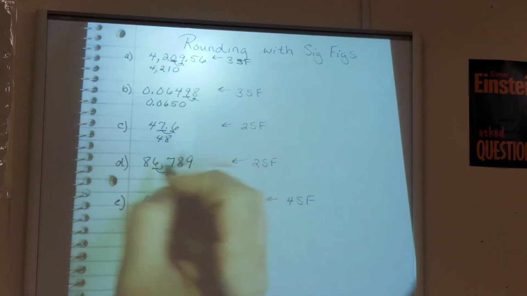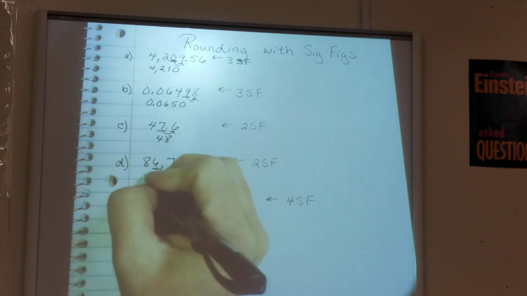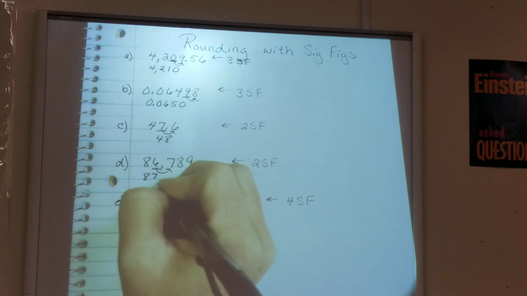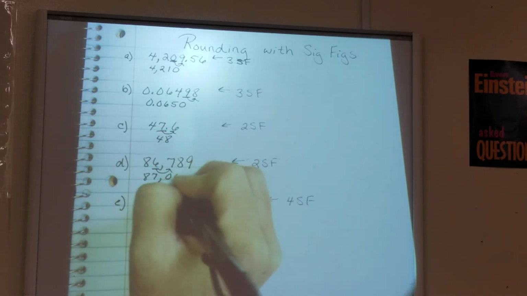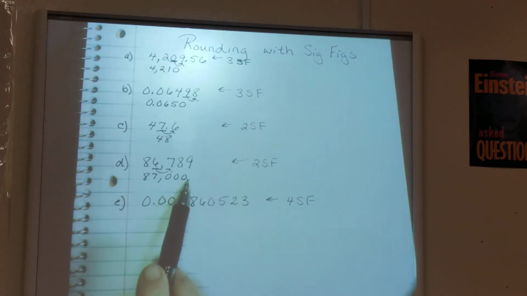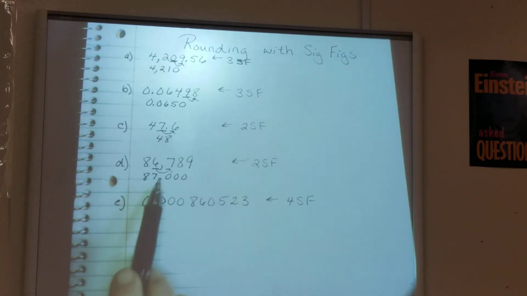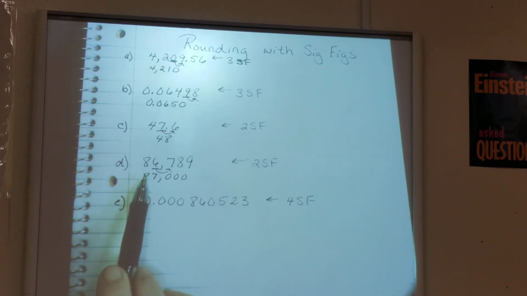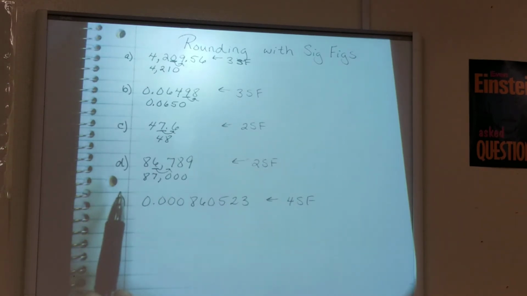That 7 will bump up that 6, but here's another example where I write 8, 7, because it bumps it up, but you have to have your placeholders here. Those ending zeros are not significant since there's no decimal. But they have to be placeholders because 87 is a lot different than 86,000. So those placeholders keep your number value the same.